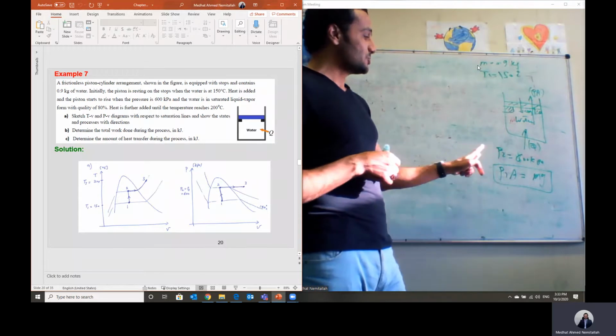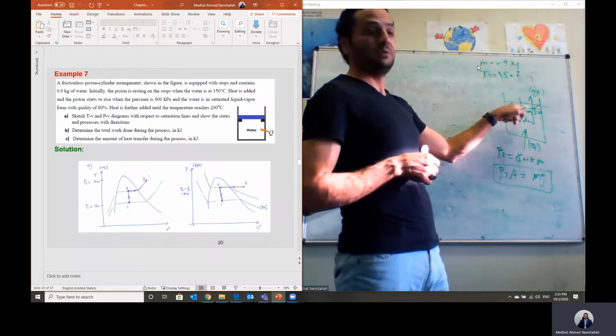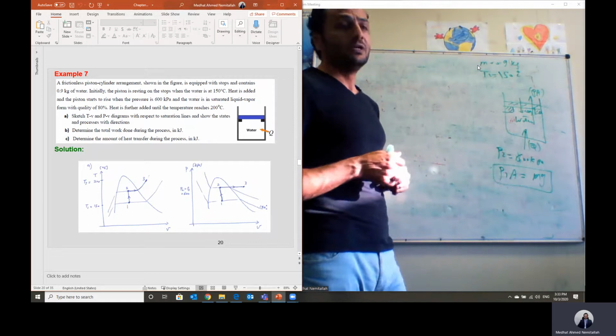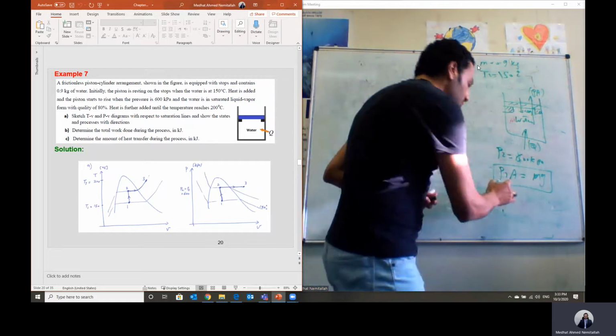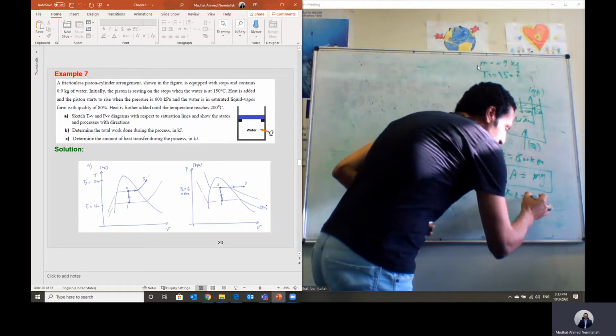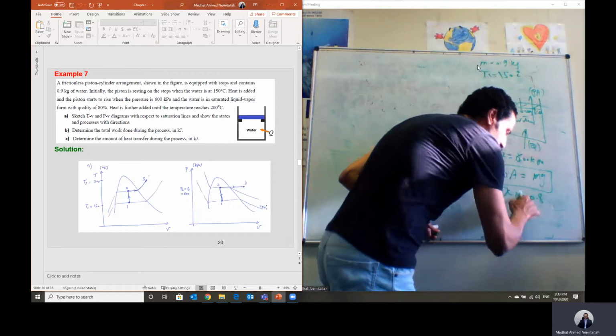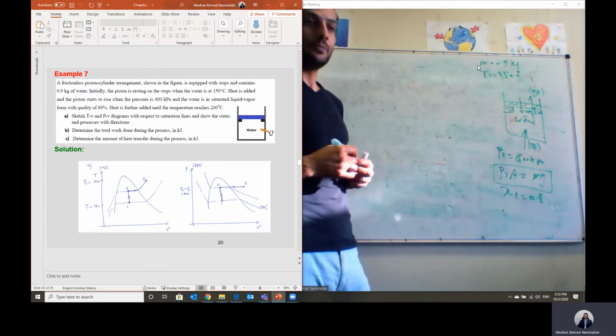Okay. So the pressure at state 2, at which the piston will start moving, is equal to 600 kilopascal, and he said the quality of the water in this case is equal to 80%. Quality 80% means X2 is equal to 0.8.